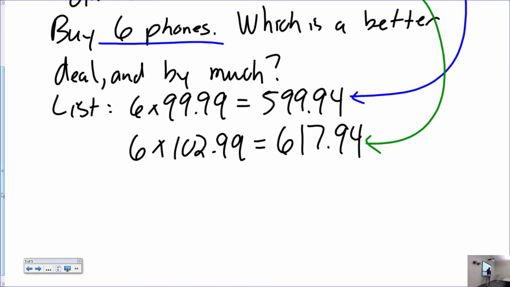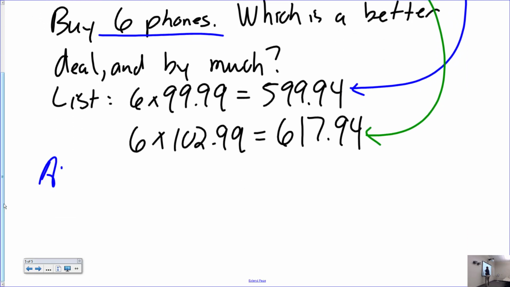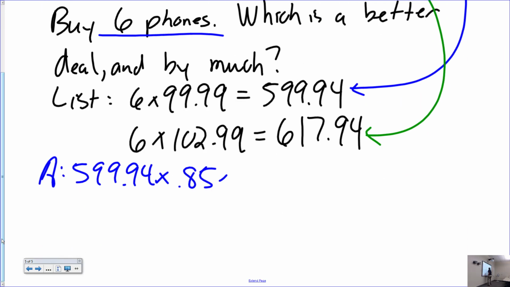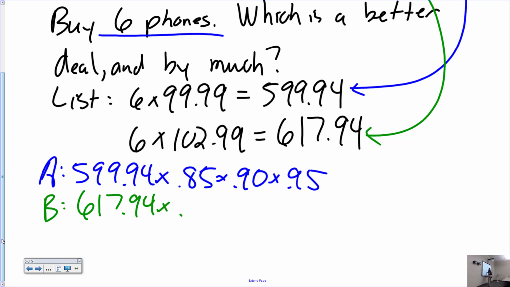So, cell phone A, whatever it was called, $599.94 times its chain discount complements, right? 0.85, 0.90, 0.95. And then the other cell phone, B is what I'll call it, 617.94 times 0.75 times 0.95, the 25, 5 discount. And see which one winds up being cheaper.